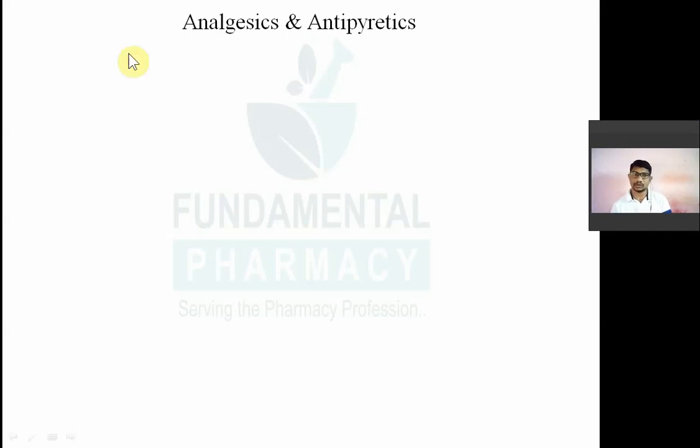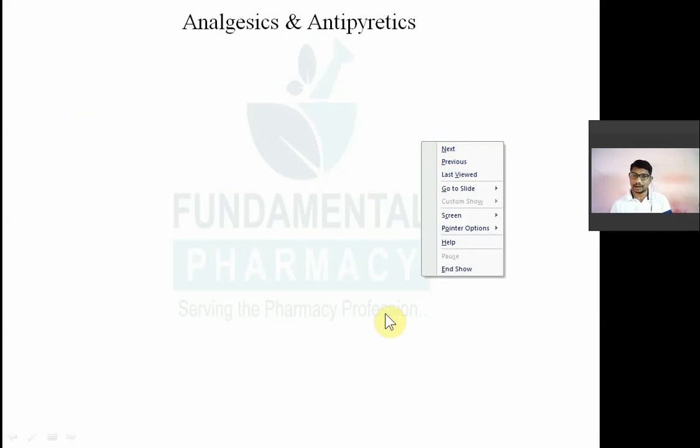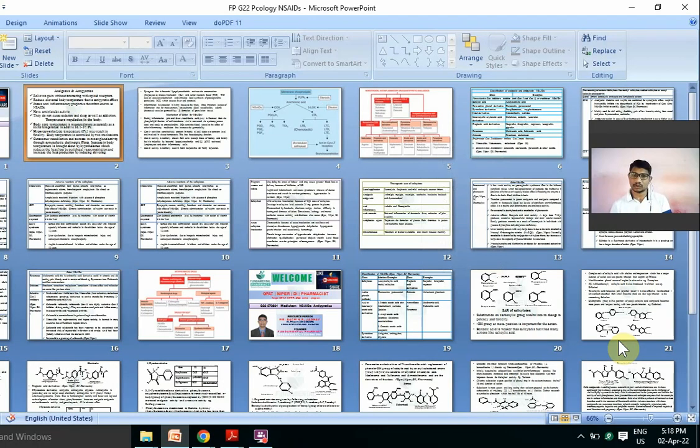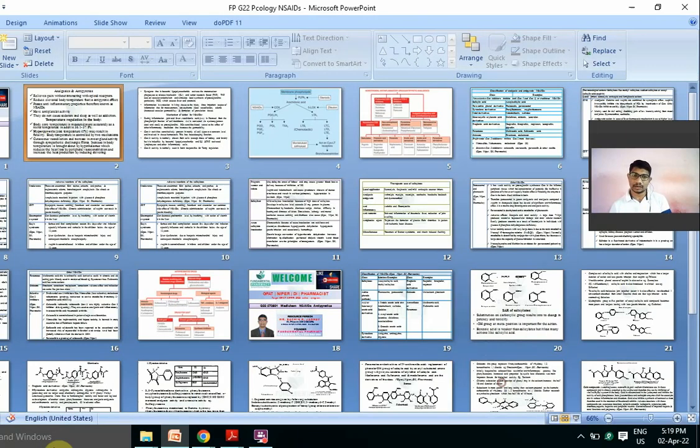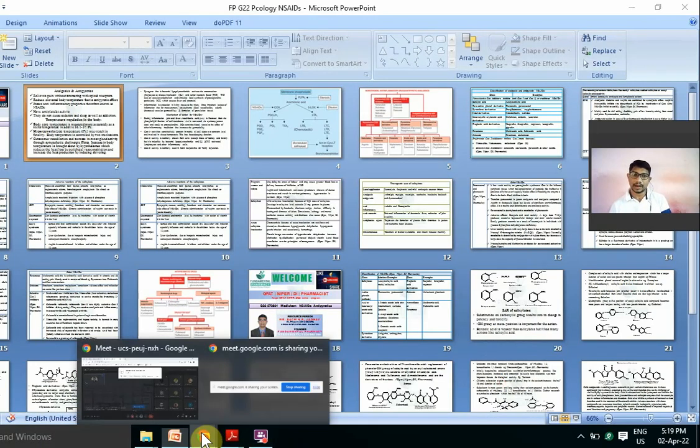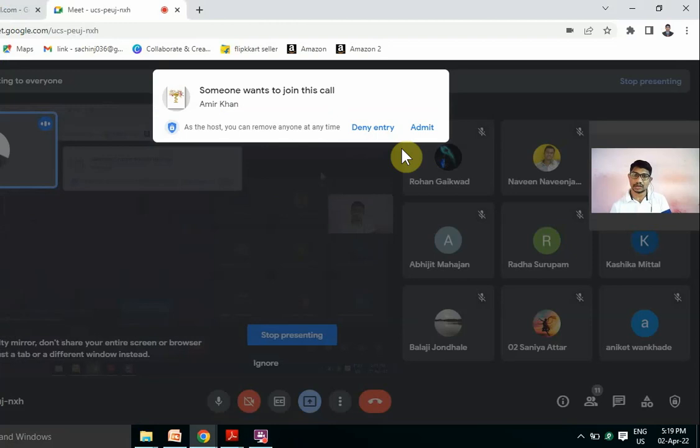They are known as steroidal anti-inflammatory drugs. And another category is the drugs which will not interact with the opioid receptor and will not have a steroidal moiety in the structure. Those are known as non-steroidal anti-inflammatory drugs.